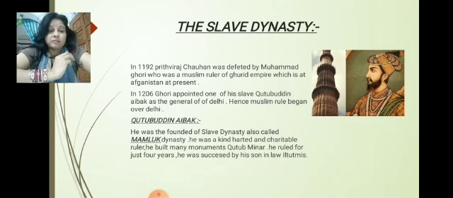See the picture I have given of Qutubuddin Aibak. He was the founder of the Slave dynasty, also known as the Mamluk dynasty. He was a kind-hearted and charitable ruler. He built many monuments, like Qutub Minar. He ruled for just 4 years.